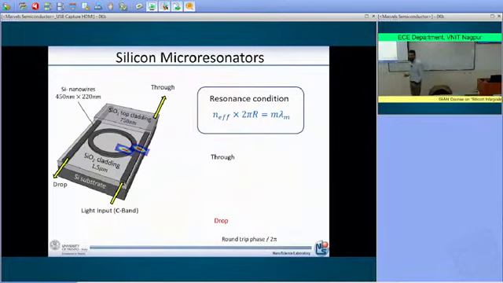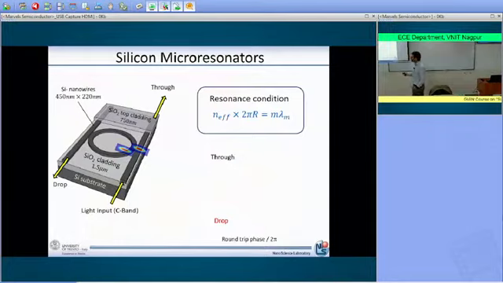As you well know, when an optical field is confined in a waveguide, a part of this optical field is not traveling inside the waveguide, but is traveling on the side of the waveguide, okay? And so this field that is on the side of the waveguide may overlap with the field that is confined within the waveguide.